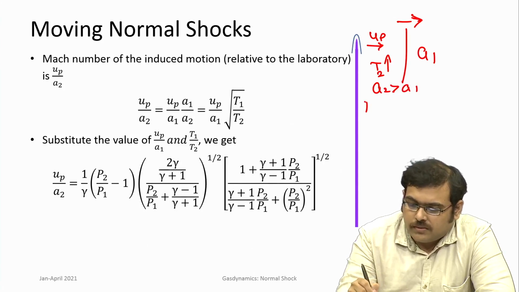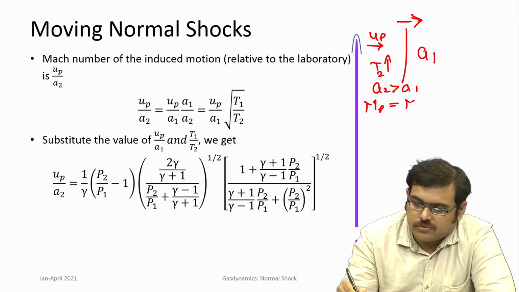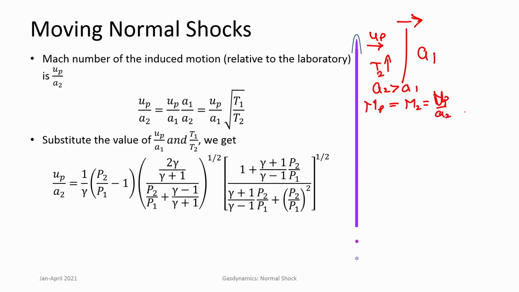So, what is MP, or M2 behind the shock, is actually UP by A2. So, UP by A2, this is with respect to the fixed frame of reference, that is with respect to the laboratory, and it is expressed as UP by A1 multiplied by A1 by A2, and A is square root of gamma R T.